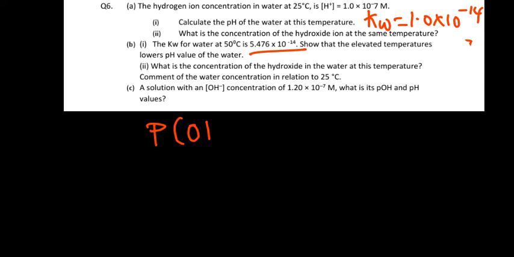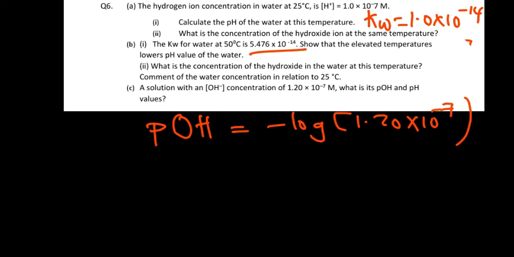So the pOH is equal to the negative log of the hydroxide ion concentration given, which is 1.20 times 10 to the power negative 7. Negative log of 1.20 times 10 to the power negative 7 gives us a pOH of 6.92.